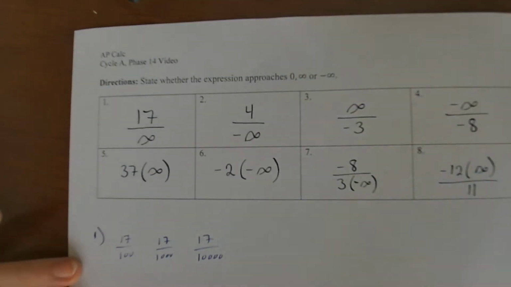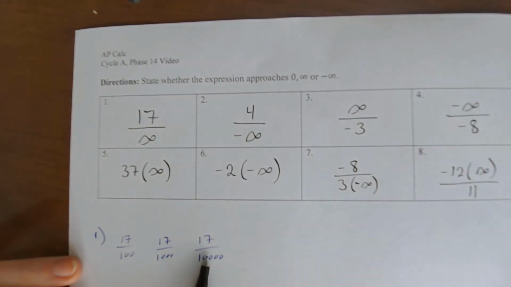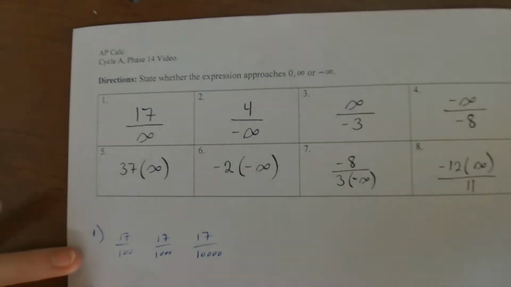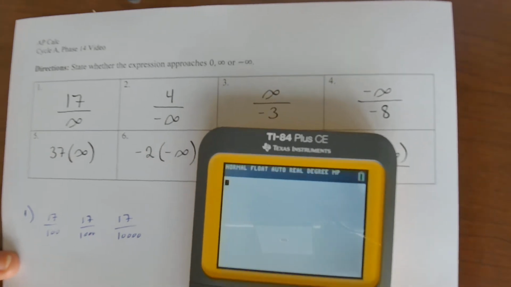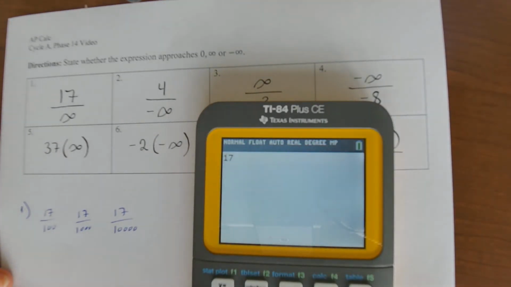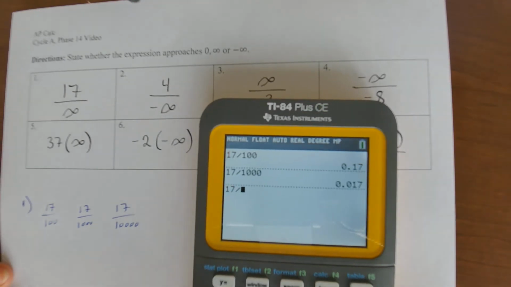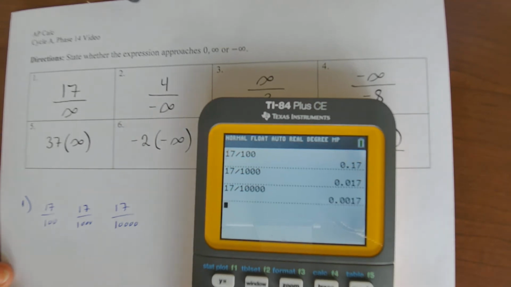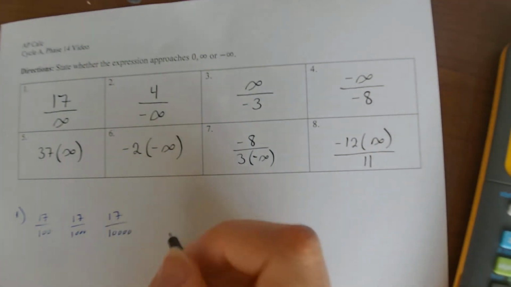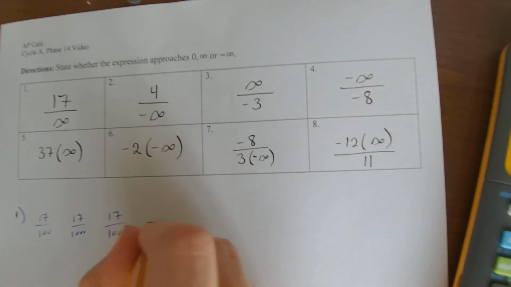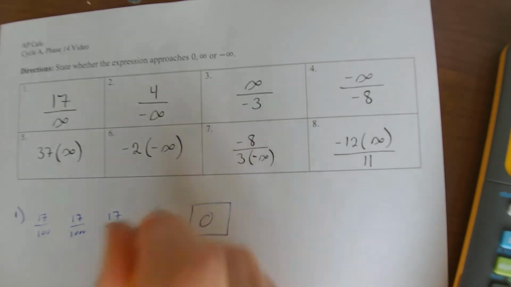And as this denominator grows, this number, 17 over 100, 17 over 1,000, 17 over 1, 2, 3, 4, just keeps getting smaller and smaller. So the first one, all of this is approaching zero.